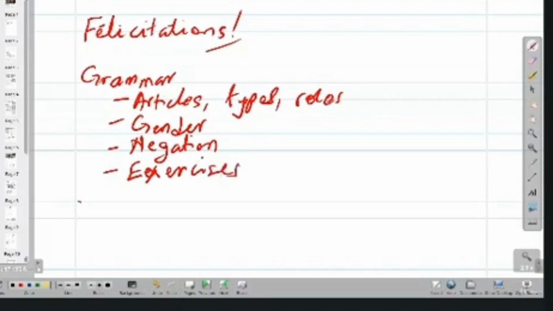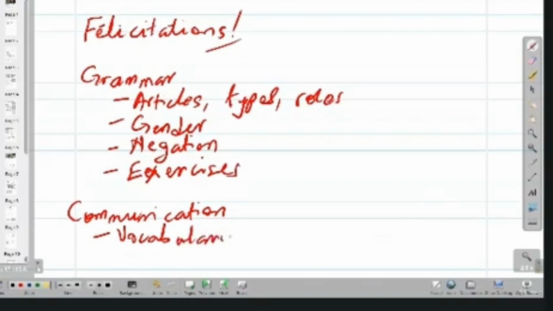And then from communication point of view, we will also focus on a lot that will help you to increase your knowledge of vocabulary in French. So then we will see some lists of vocabularies, and then look at classroom objects.